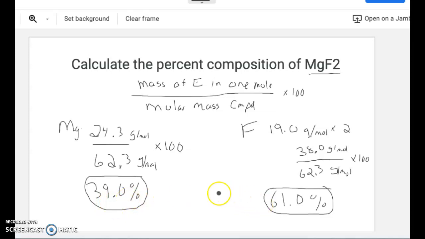And 39 plus 61, that adds up to 100%, which is what we're looking for. So it's 39% magnesium, 61% fluorine. And again, all these numbers came from the molar masses on the periodic table.